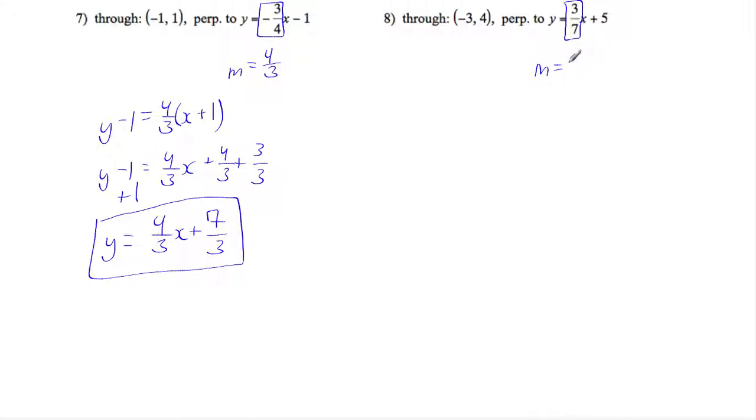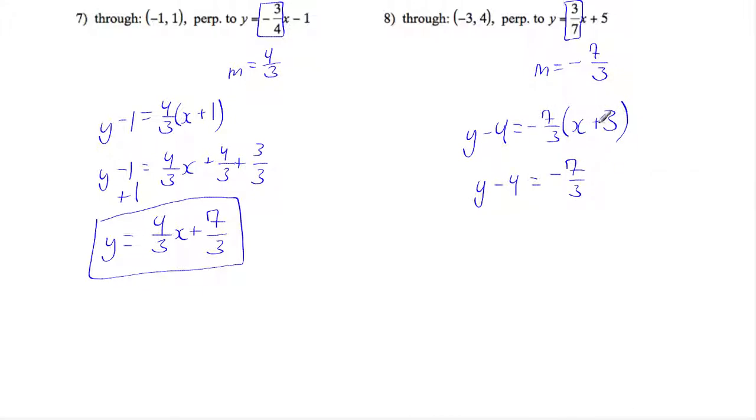So the opposite reciprocal, because this is positive, the opposite would be negative, and the reciprocal would be 7/3. So I get y minus 4 is equal to negative 7/3 x minus a negative 3, which would be a positive 3. So I get y minus 4 is equal to negative 7/3.